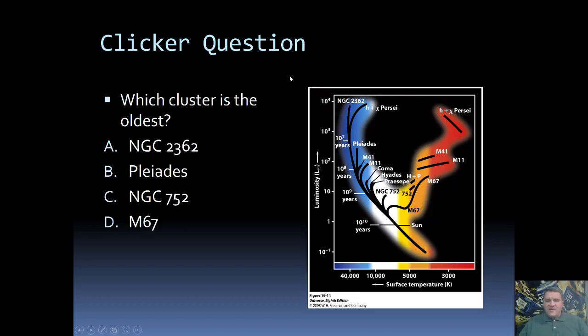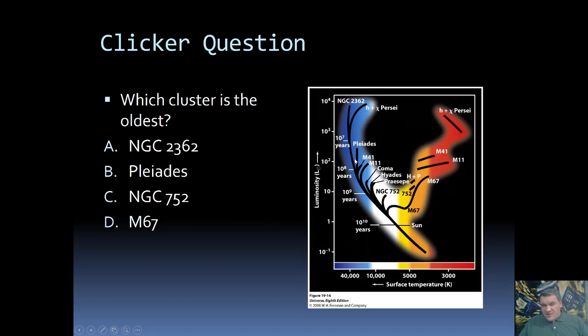Alright, so which cluster is the very oldest? Looking at NGC 2362, it goes all the way up along the main sequence, meaning it has to be super, super young. The Pleiades has a main sequence turnoff point lower, so it's older than NGC 2362, but its turnoff point is still within the blue region, so it's still going to be pretty young.